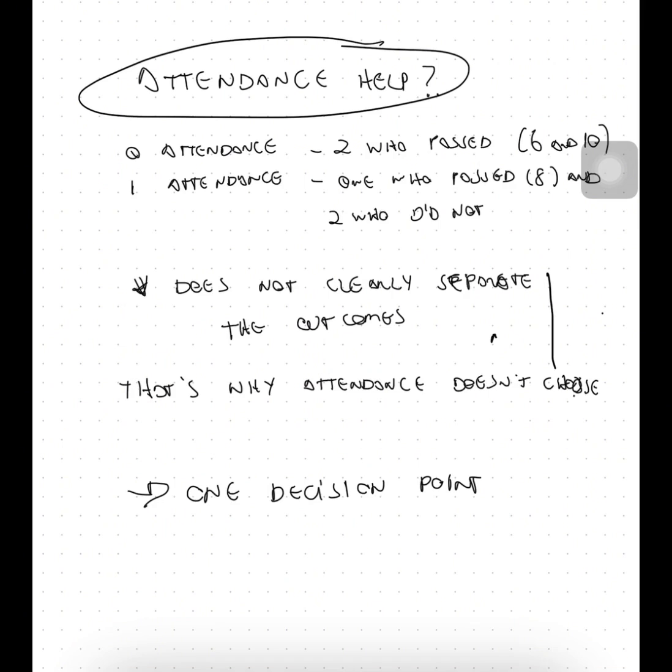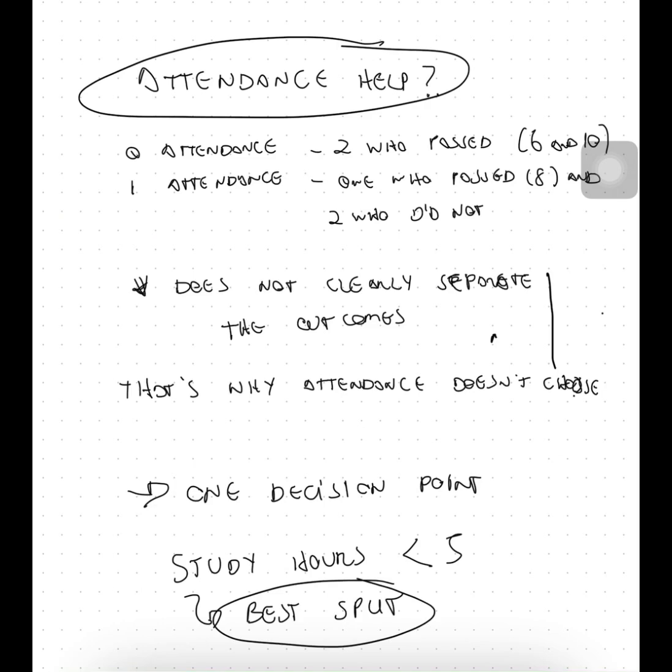The algorithm found that study hours less than 5 was the best split, perfectly dividing students who passed from those who didn't. We built a simple but accurate tree based on that logic. This example shows how decision trees use logic and structure to make predictions that are easy to understand and explain.